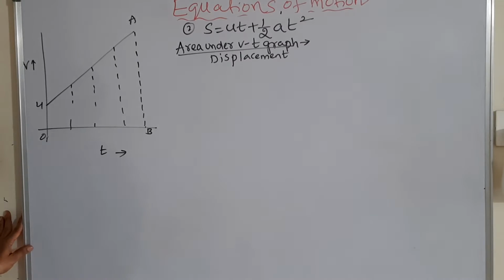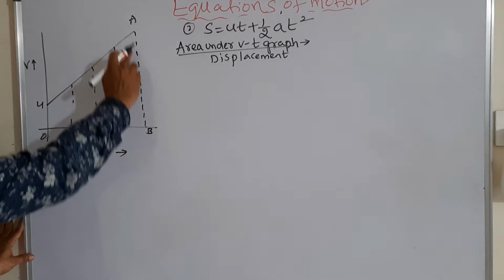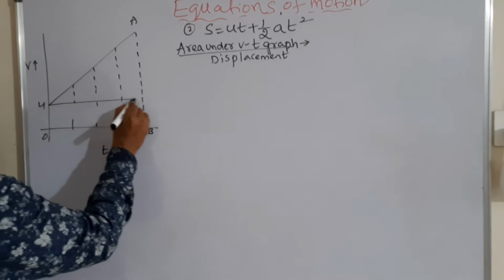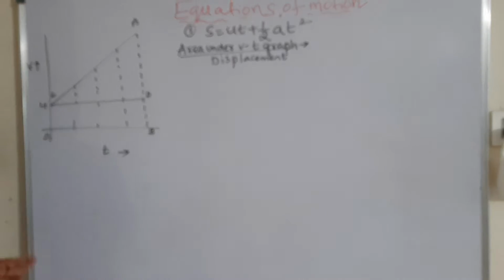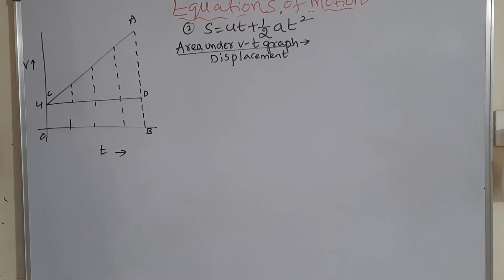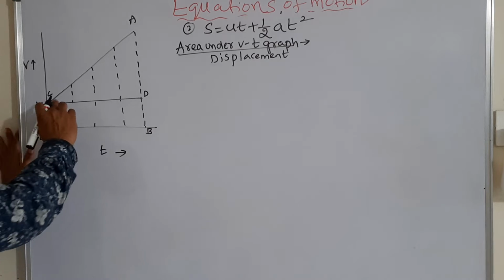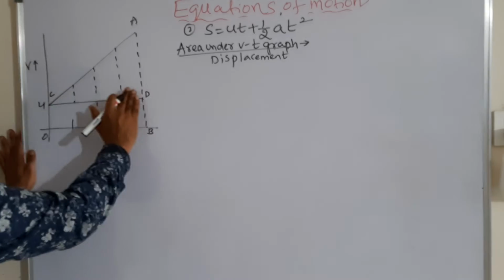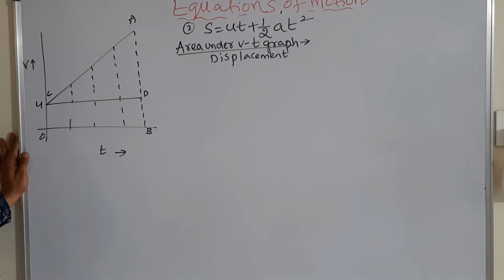For this purpose, see here, it is not a triangle, so I extend this line. Now this point is C, this point is D. So find this area and this area. If you observe, this area looks like a triangle and this area is a rectangle.